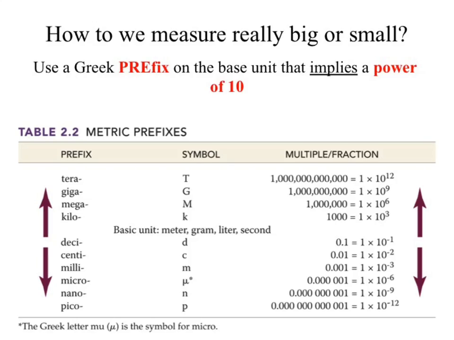Because we use some of these more frequently than not, instead of always referring to them as 10 to the third meters, we decided to call 10 to the third a different name: kilo.